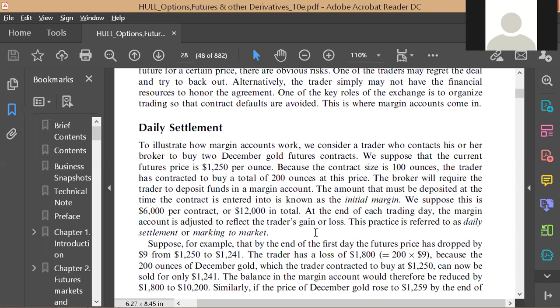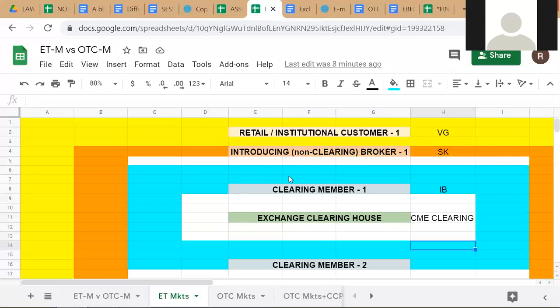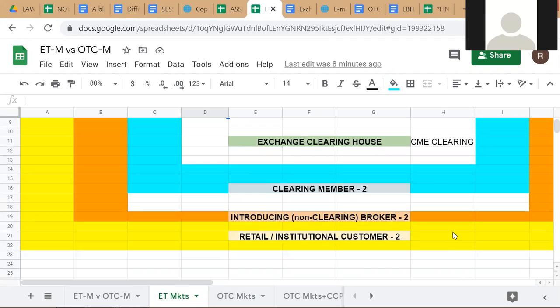Okay, so here let's look at something else. This initial margin. Basically, the idea here in ET markets is that we are going to remove this risk. So here, what is happening is, say, Vipul is normally trading with some other guy on the other side. Okay, maybe Utsav is trading on the other side.